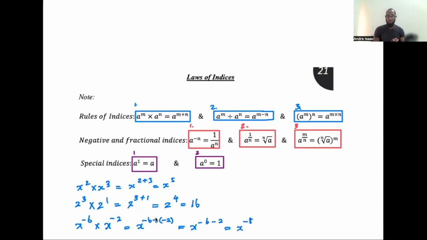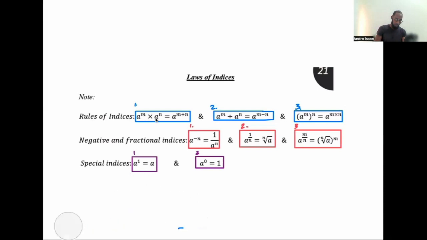All right, so that's it for the first rule, for the blue, rules of indices. Let's look at the second one. Let me just erase this to get some room. This second one tells you if you're dividing same letters or same numbers, you subtract the powers.